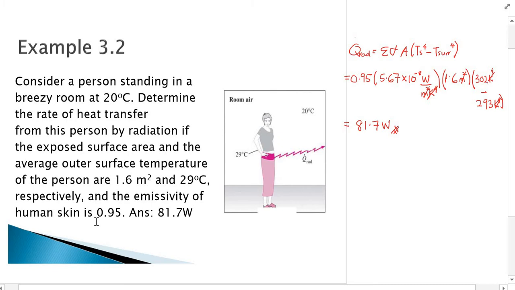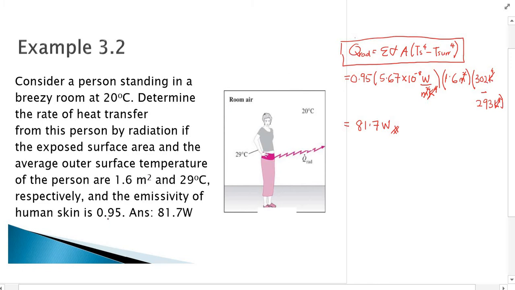So same thing. Start by bringing out the Stefan-Boltzmann law equation, where Q rad equals emissivity multiplied by the Stefan-Boltzmann constant multiplied by area times (Ts to the power 4 minus T surrounding to the power 4). But you have to make sure that you convert your temperature to Kelvin and plug in all the known values.